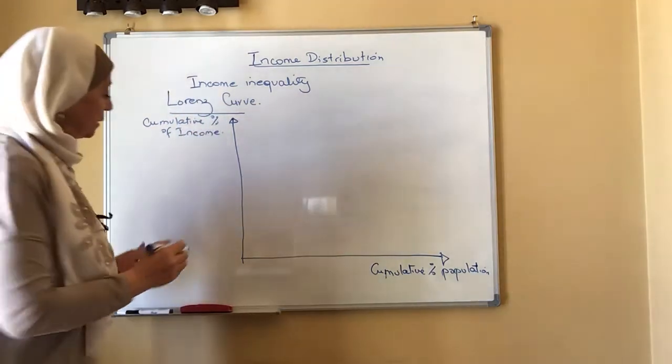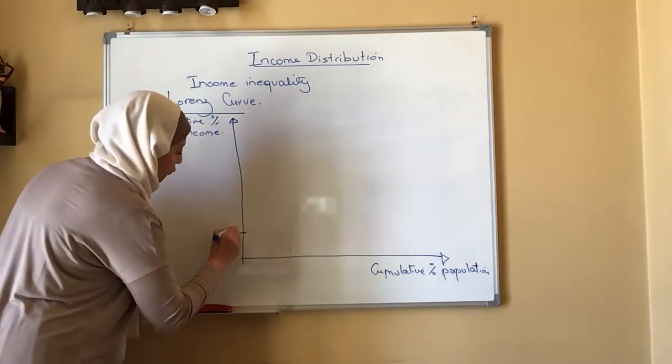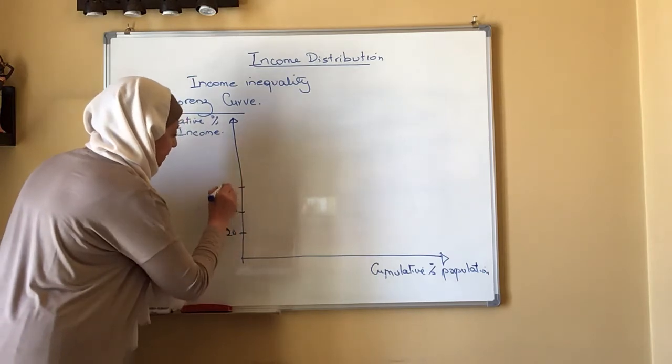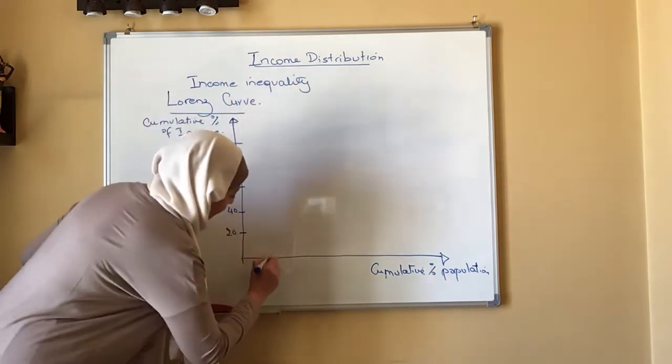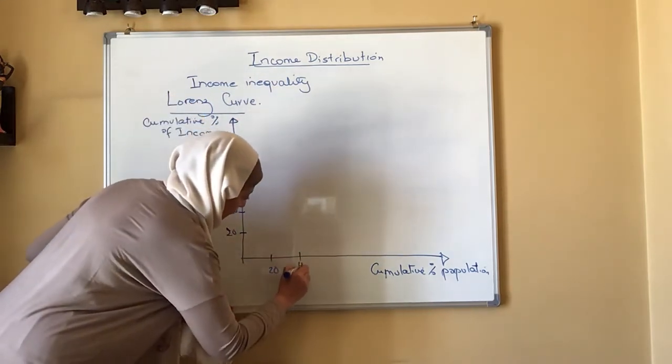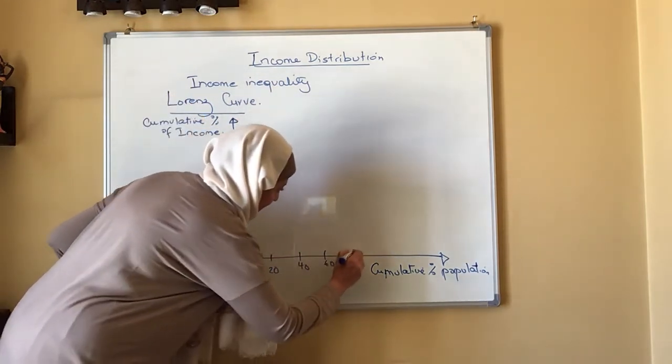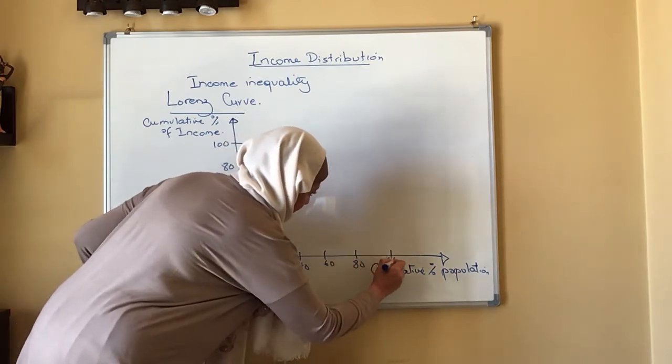To have an equal distribution: 20, 40, 60, 80, 100 on both axes.